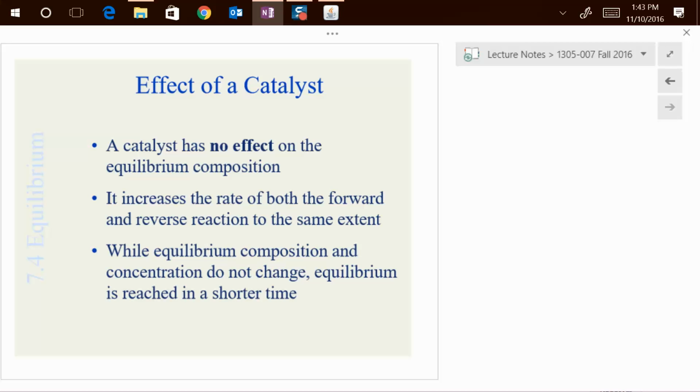They cause reactions to go faster, but they do not determine how much product or reactant you have on either side of the reaction. They just simply allow you to get to that point faster. So they don't change the concentrations. They just allow you to reach those equilibrium concentrations in shorter amounts of time. Okay, and that's what a catalyst does.